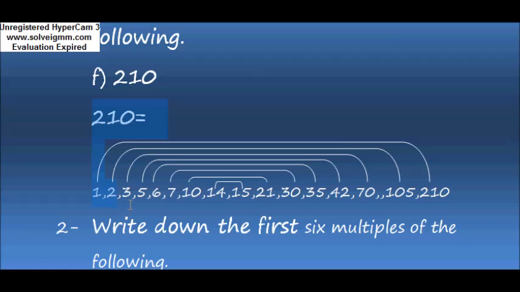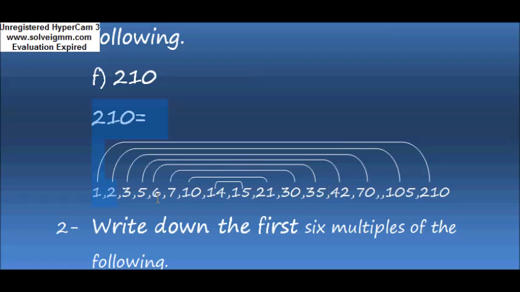Similarly, 3: 210 divided by 3, your answer is 70. So you will write 3 here and 70 here. When you divide 210 by 5, you will get 42. So you will write 5 here and its answer here.